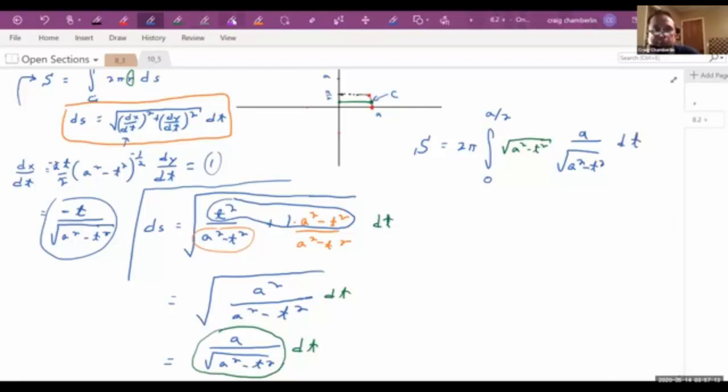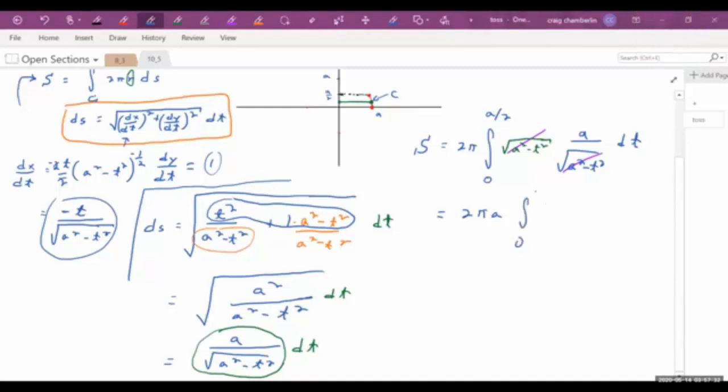And then we get this nice cancellation. And it's not near as bad as it looked. In fact, a is a constant, isn't it? So I can pull that out. So what's my integrand? 2 pi a or 2a pi? I don't know. And then what's my integrand? 1 or just dt? Yeah, just 1 for the integrand. So yeah, you do just write dt, right?